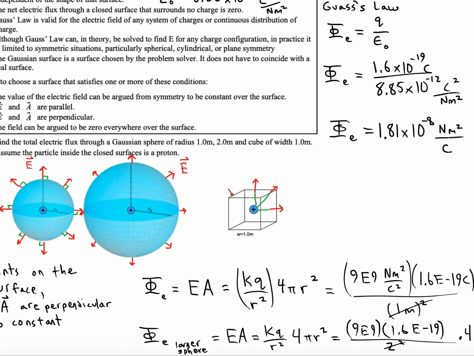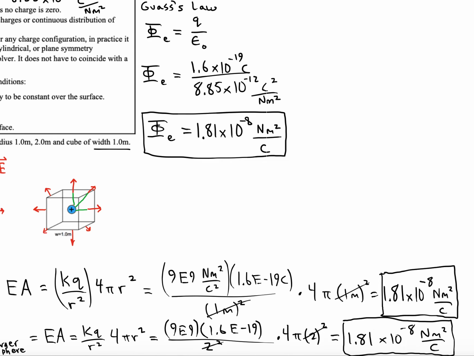So the field strength on this cube would not be constant. So here, Gauss's law could be useful to find that net flux. I don't even have to use the geometry of the cube to know that the net electric flux through that cube is going to be 1.81 times 10 to the minus 8.